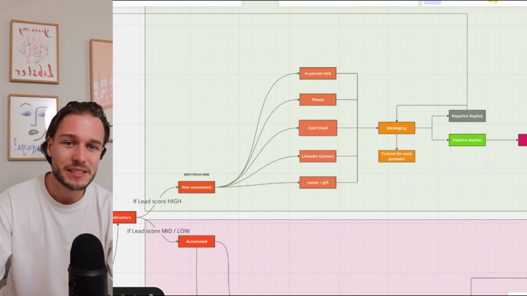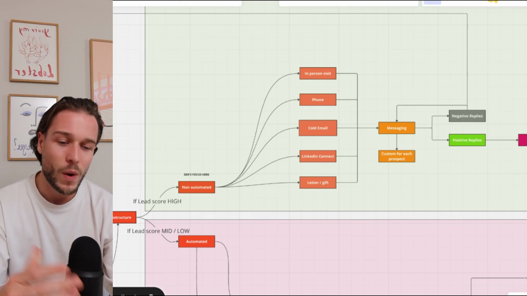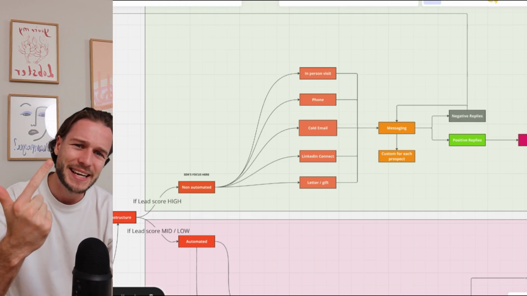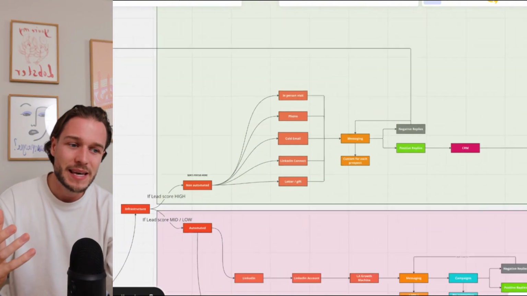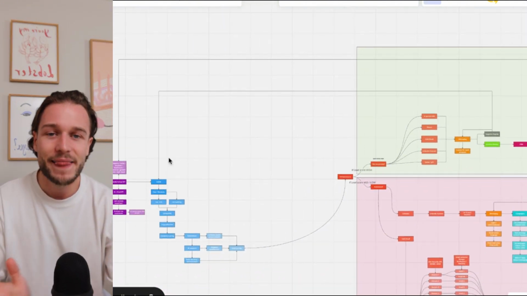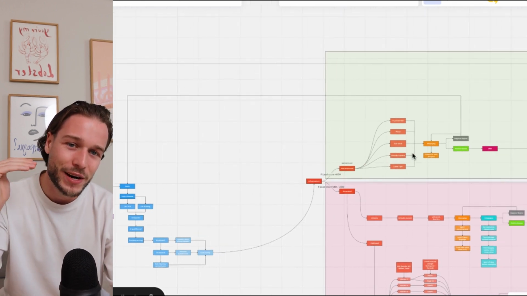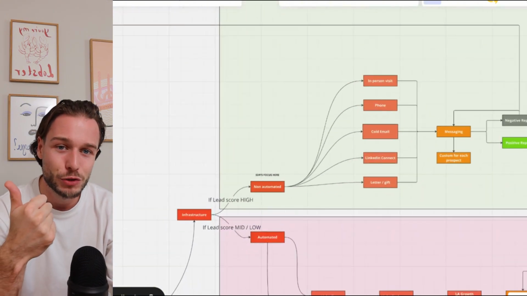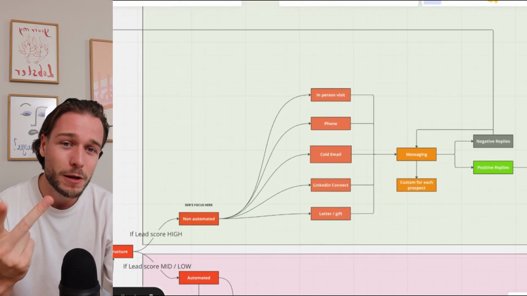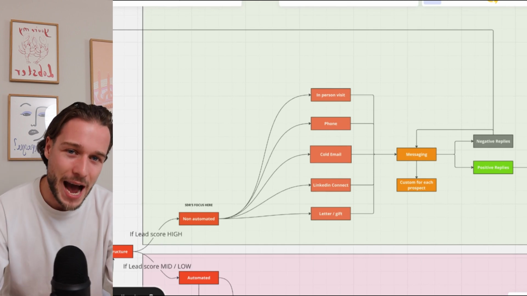Where people are struggling with SDRs at the moment is that they're wasting time on list building, data cleaning, enrichment, automation, all these things that could be outsourced to somebody else. Let them handle it, and then let the SDRs focus on the high scoring leads within their market that are ready to buy, and then they'll have much better conversion rates. They won't be getting burnt out as much. They'll be happier, they'll be closing more, you'll be making more money, and everyone will be happier.